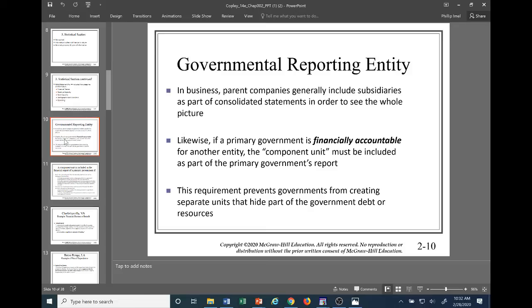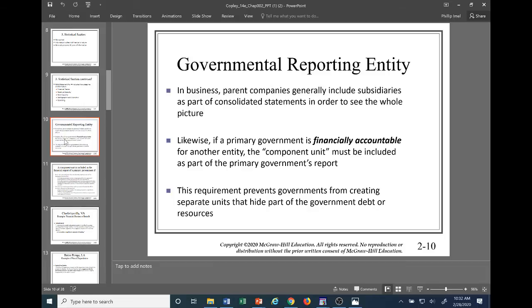Then if we have that type of control over another entity, we need to include it as a component unit. And remember, they can either be discretely presented, or just blended in. So they could either have their own item or just be blended into whatever type of activity it would be.